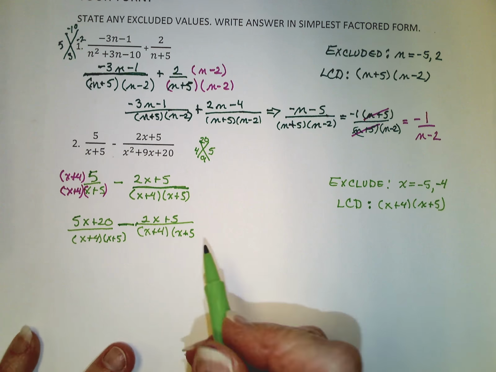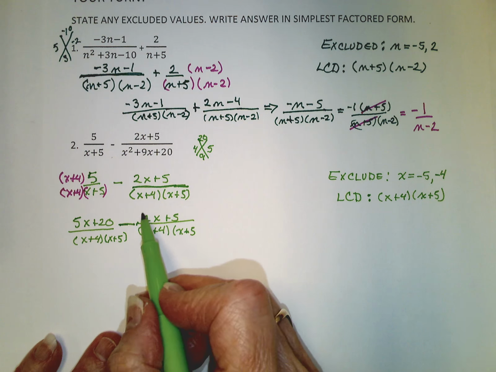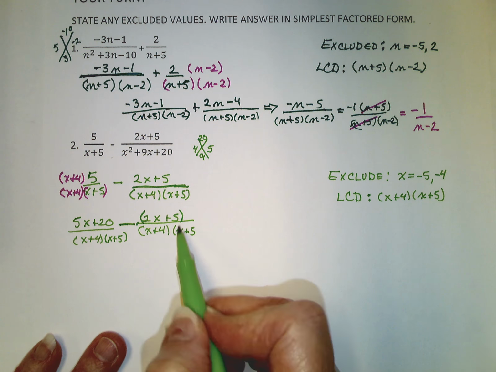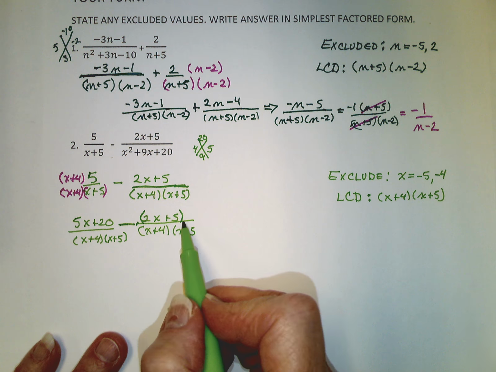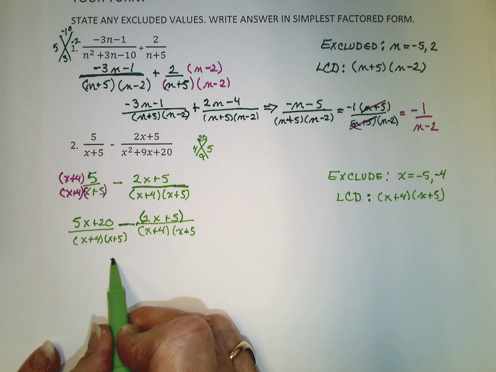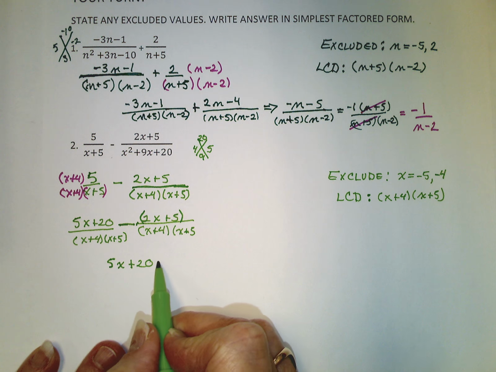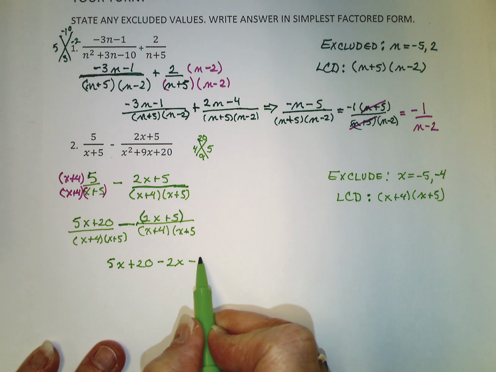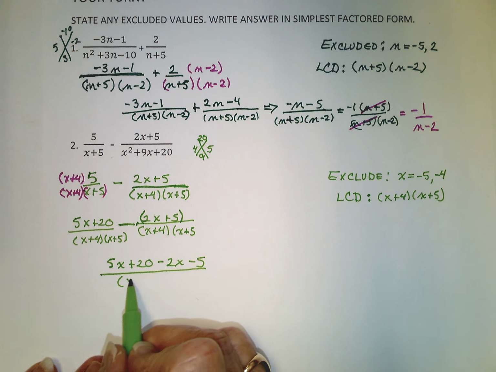As long as we realize that we are subtracting all of this, not just the 2x, but also the 5. So we're going to end up with 5x plus 20 minus 2x minus 5, all over this one common denominator.